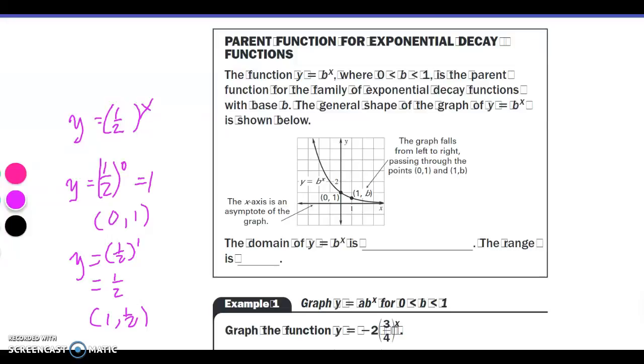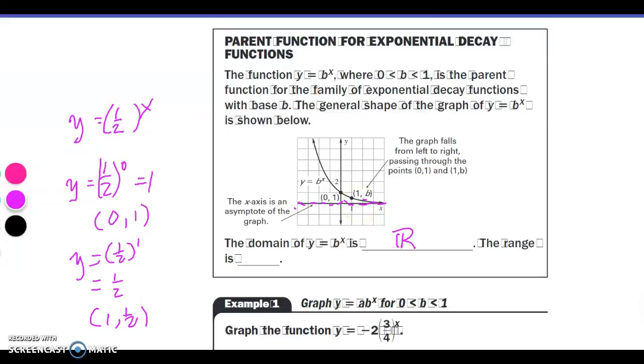The domain of the function is still all real numbers. It's going left forever and right forever. And the range, we still look the same way. We still have this asymptote, which for the parent function is along the x-axis. There really is no difference in the range. It's still a wall, kind of an idea, that asymptote.